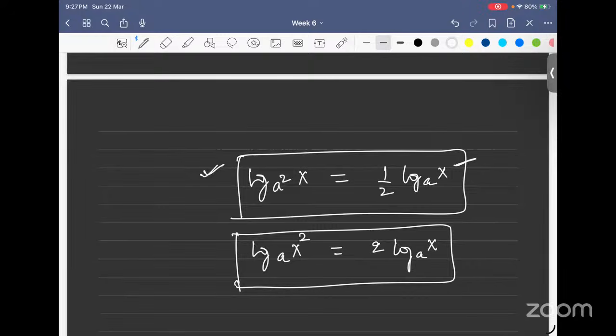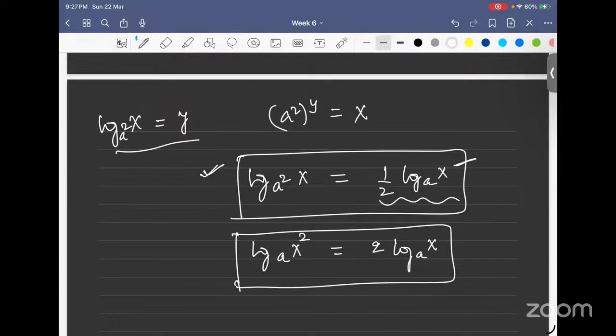Just think of it as the proof. Let's say for example you're taking log of x base a square equals some y. That means a square to the power y equals x. Or you are taking the value half log of x base a equals y.